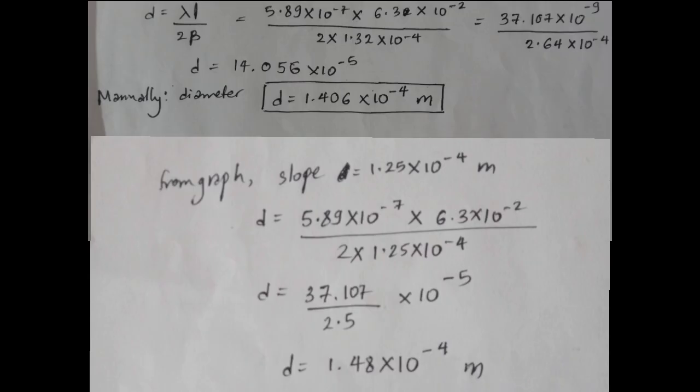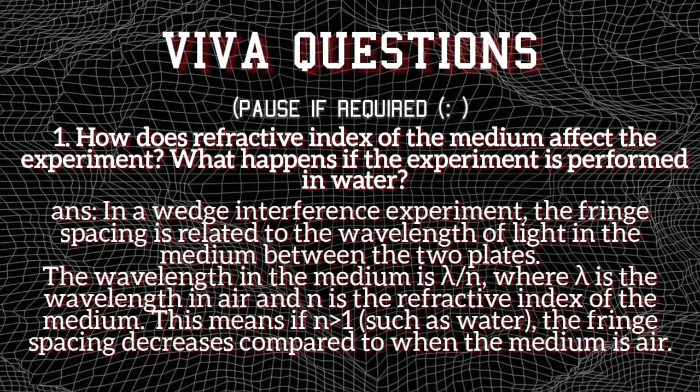And similarly, by graph, the slope of the graph was basically your fringe width beta. So just do lambda L by 2 into slope instead of 2 into beta, and you will find another value for small d. So that's the result.